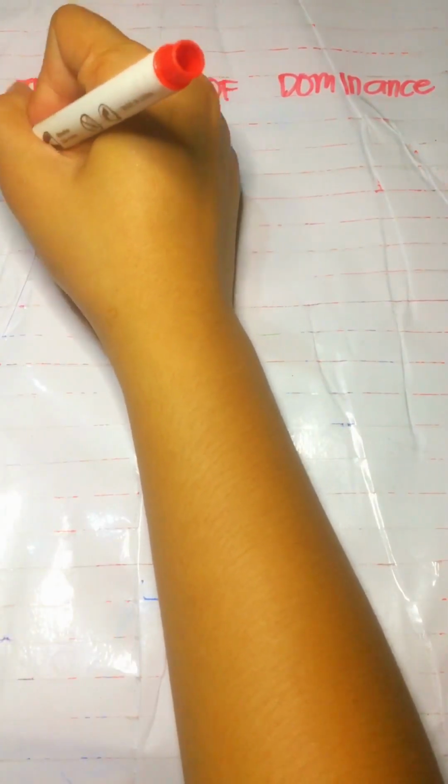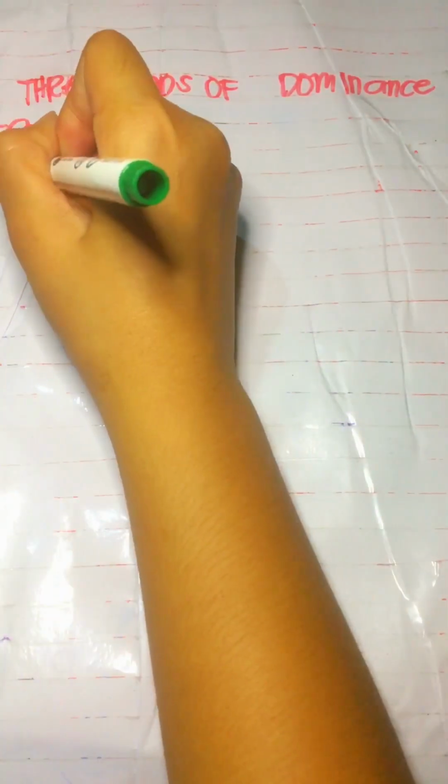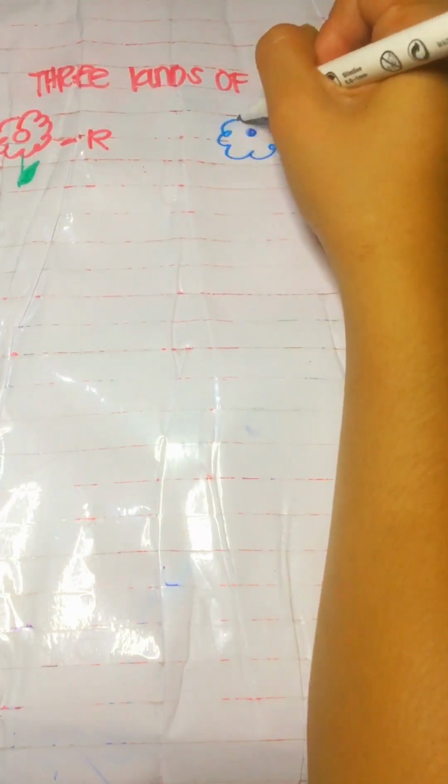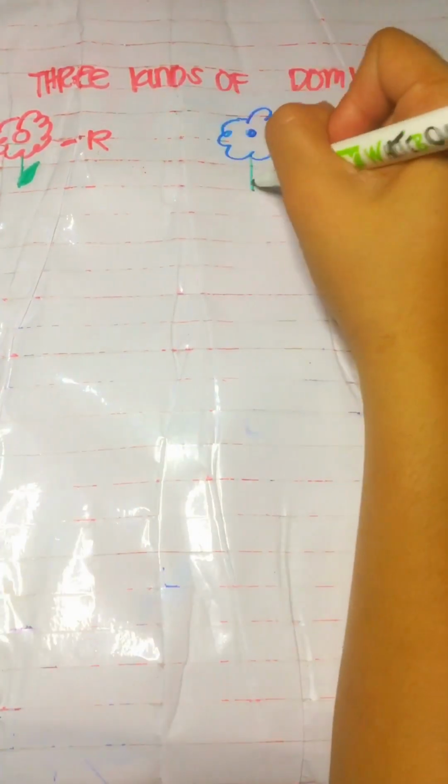So we have this flower, and the red petal phenotype is coded for by the red allele, and the blue flower phenotype is coded for by the blue allele.